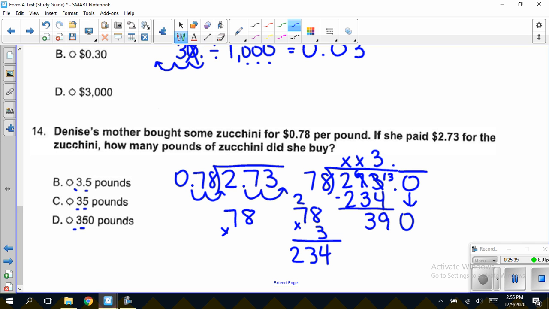So 78 times 5, 8 times 5 is 40, and then 7 times 5 is 35, plus 4 does give me 39. So that does give me the 390 that I needed. So 390 minus 390 is 0. So I do see that my final answer is 3 5/10 pounds, B.